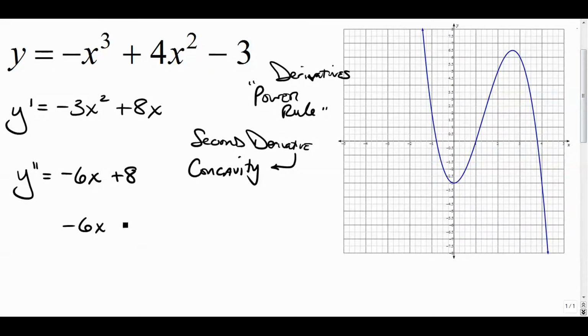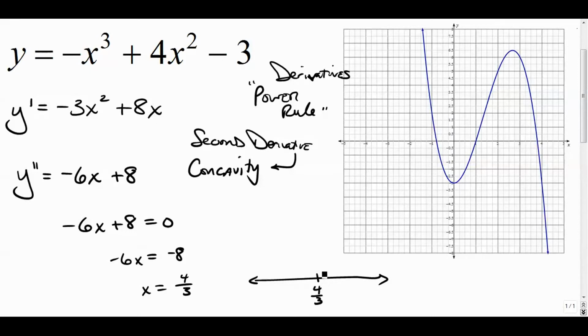Set it equal to 0 and solve. So we get negative 6x is equal to negative 8. So we get 4 over 3, it would seem. 8 divided by 6 is 4 over 3. So that is the point we're really interested in, 4 over 3.